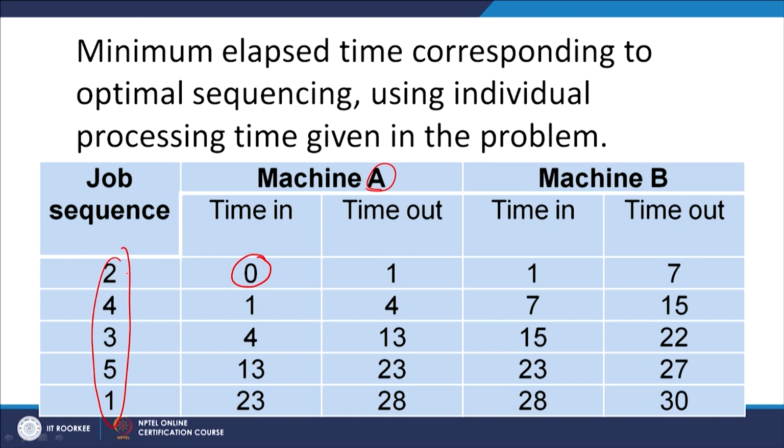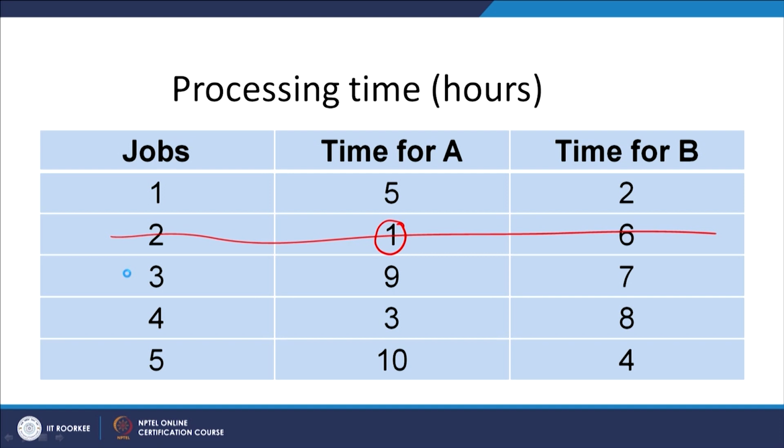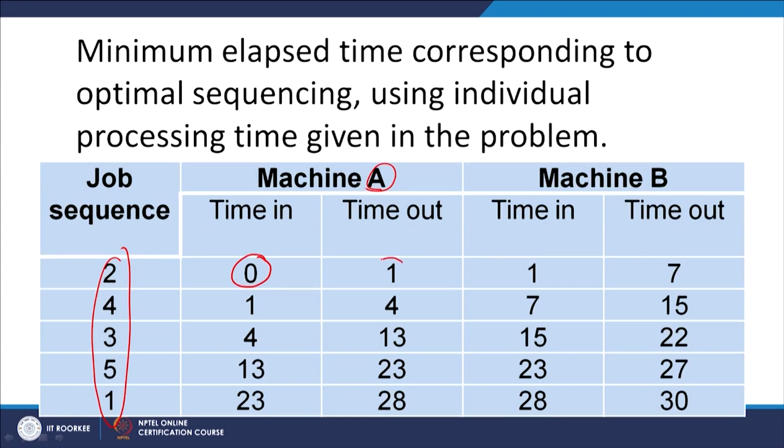So, let us go back to the data that is given in the problem. Here you are. This is the time that is required for job number 2 to be processed on machine A. So, therefore, this is 1, and once it is completed on machine A, we have to transfer it to machine B. So, we come here to machine B, and the time in for machine B is 1 hour.